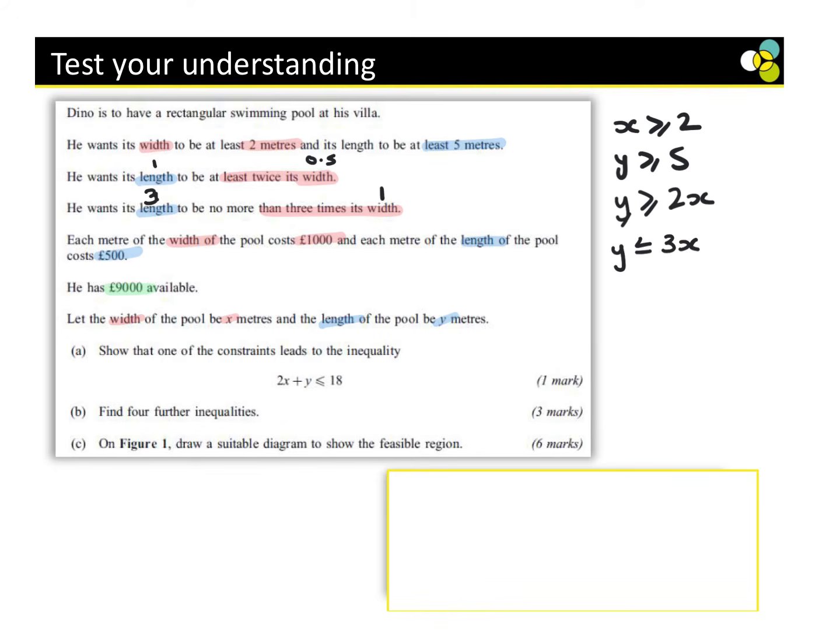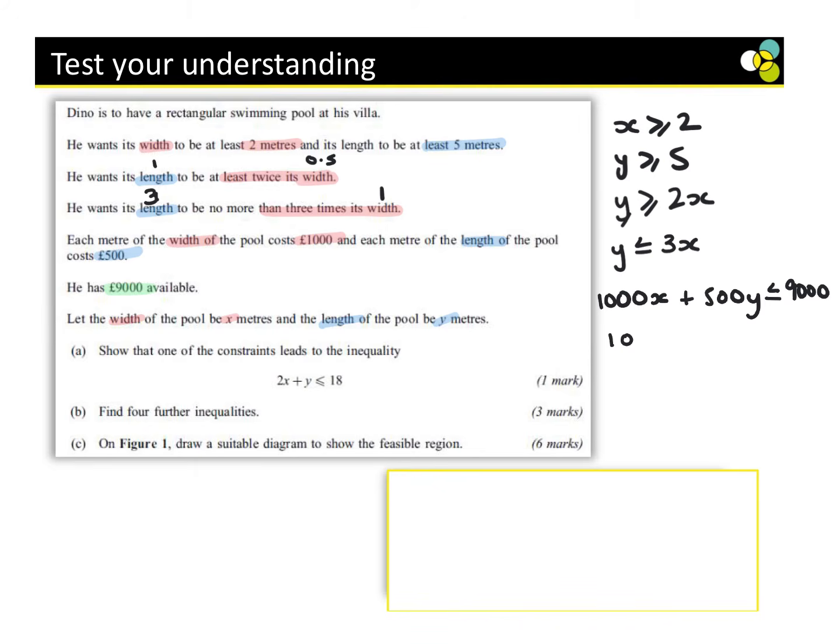Right, then what do we have? Each metre of width is 1,000. So 1,000x plus 500y has to be less than or equal to, it only has 9,000 available, right? Yeah? Yes. Perfect. So we can simplify this. Can everyone see, first of all, I could divide everything by 100.